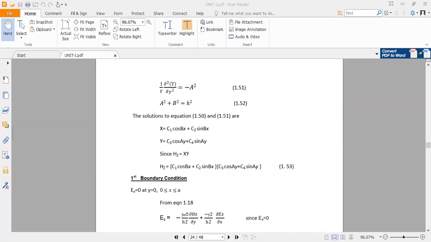These are the parameters we derived for TE as well as for TM mode of operation. Both for TE as well as for TM mode of operation, we derived all these things.